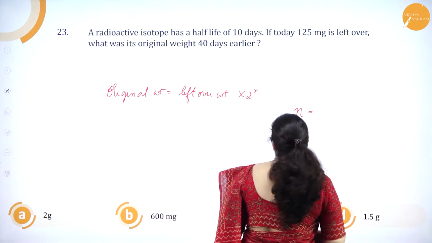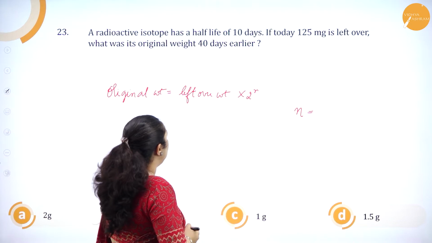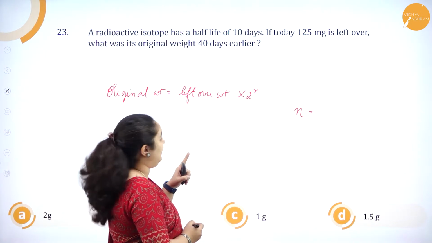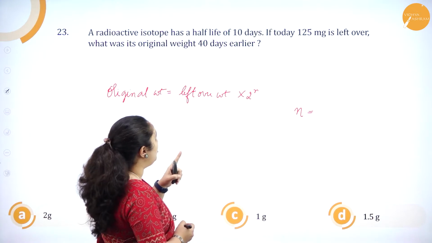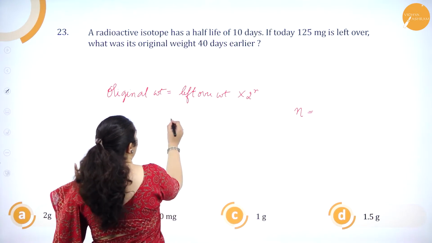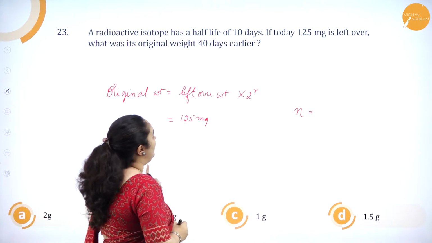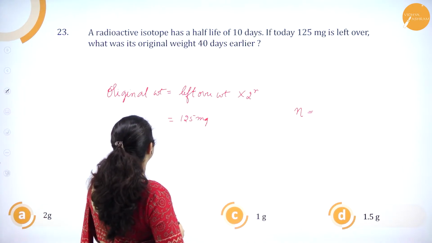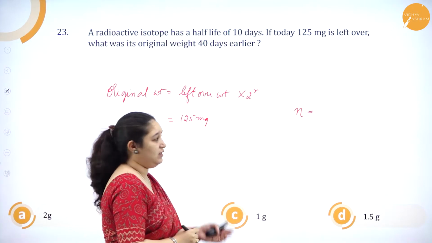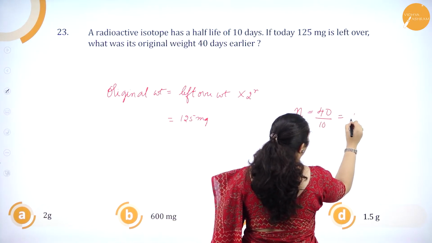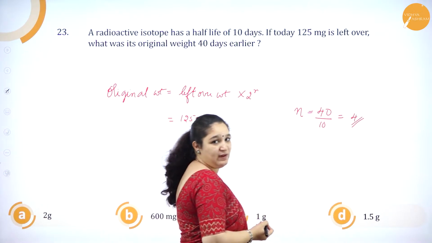Okay. Number of half-lives, how can I get? See, the radioactive isotope has a half-life of 10 days. If today 125 milligrams is left over, here it is 125 milligrams which is left over. What is its original weight 40 days earlier? So 40 divided by 10. How many half-lives are over? 4 half-lives are over.